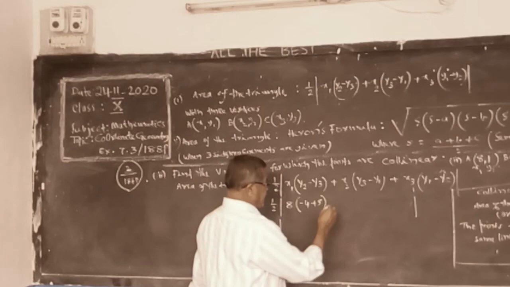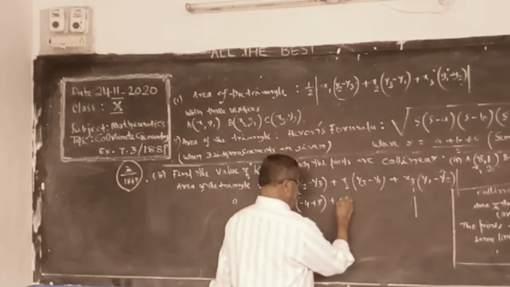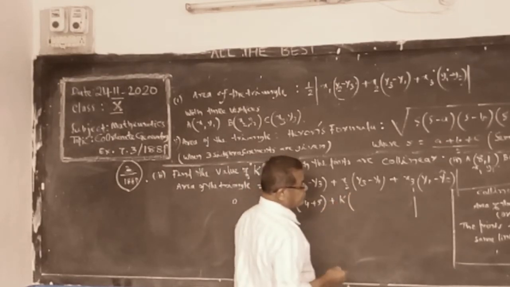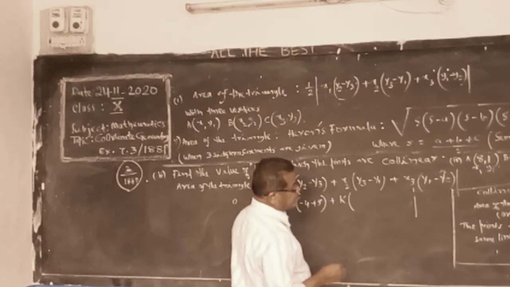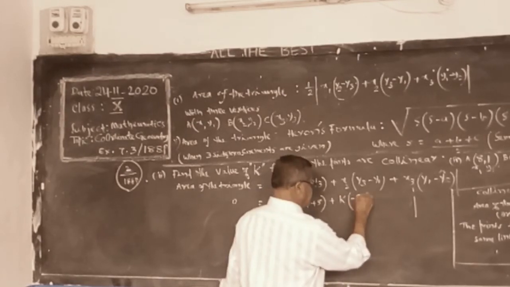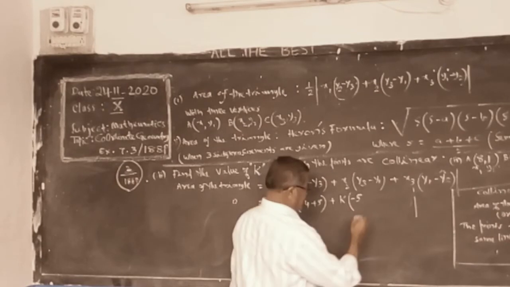Next x2 is k, y3 minus y1 is minus 5 minus 1.